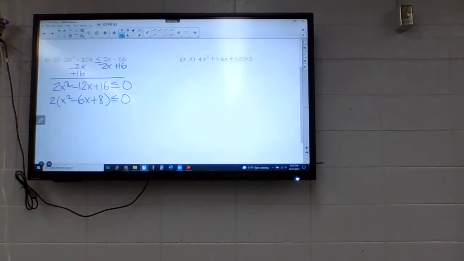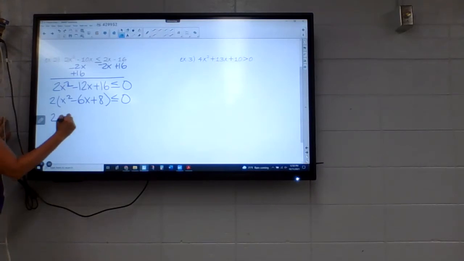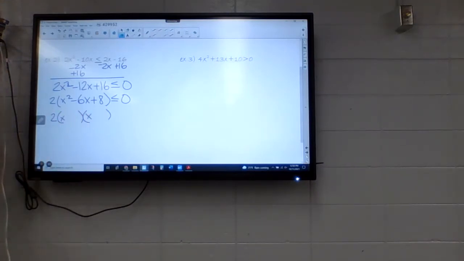I prefer to factor like this if I have my choice because I think it's just easier, even though that other method is doable. Because I already know it has to be x and x.